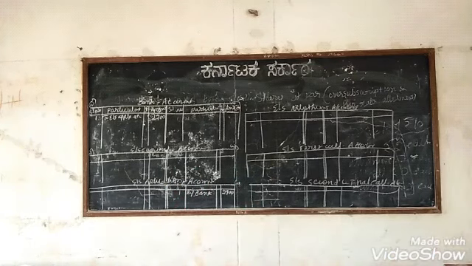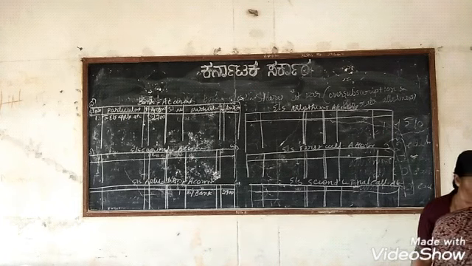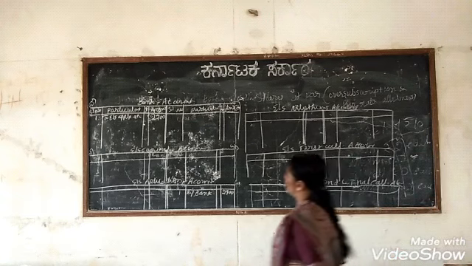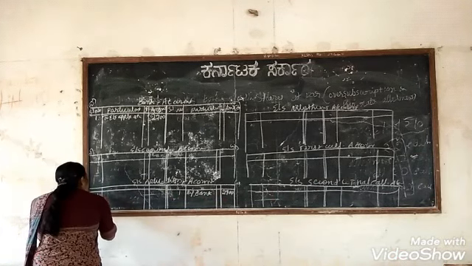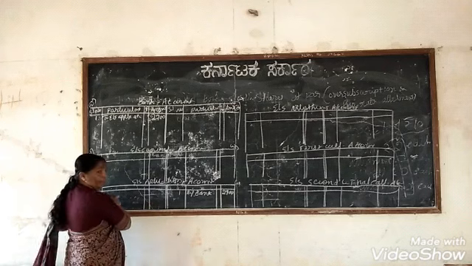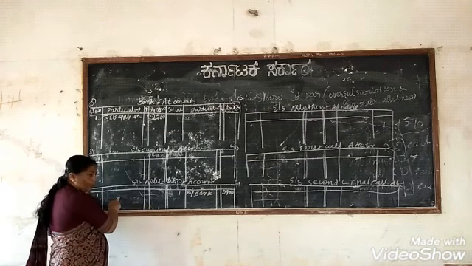Then the second entry is for share capitalization. The entry is share application account debtor to share capital account. Share application account must be debited, that means on the debit side.